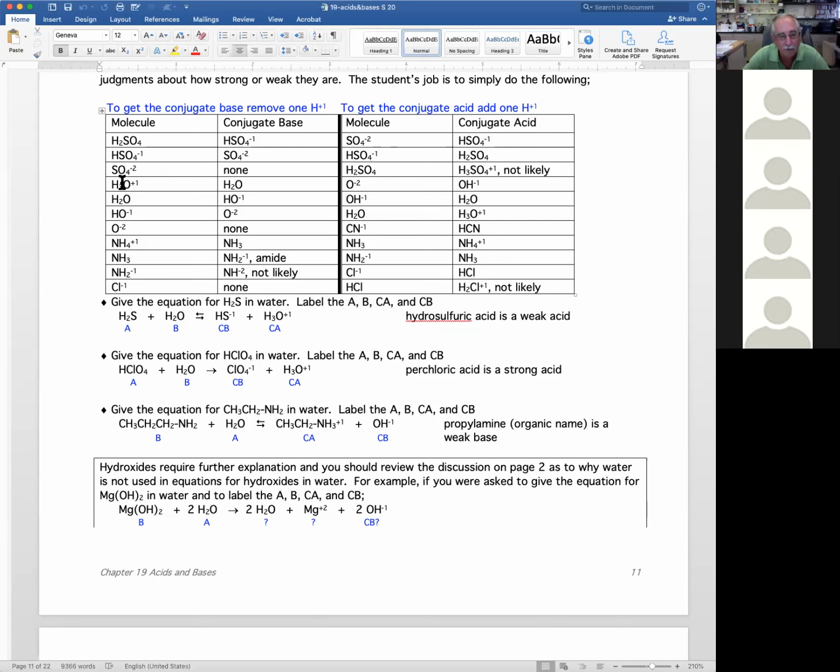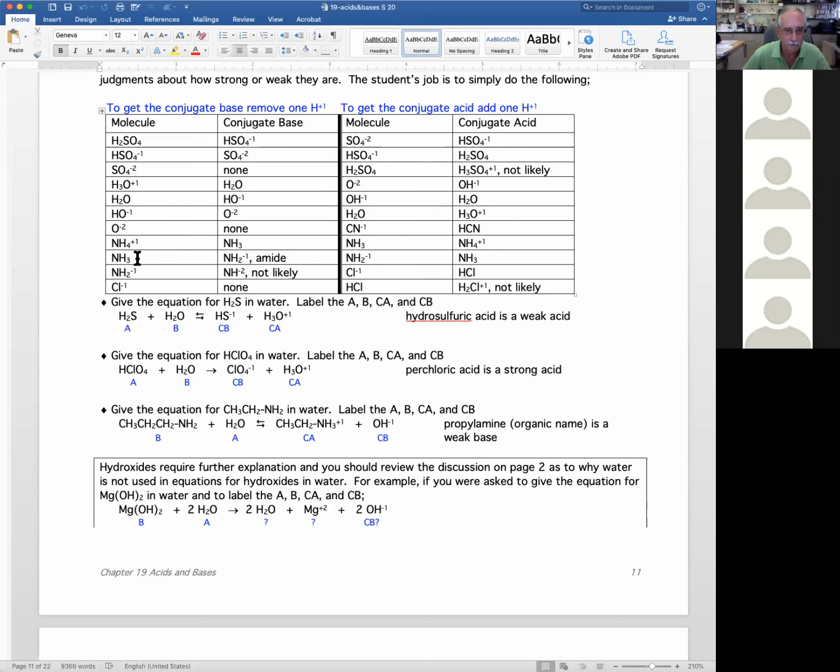You can tell them what a stupid question that is, or you can explain to them, well, there's no hydrogen to take off. Here's the hydronium ion. If you take a hydrogen off, you get the conjugate base, water. Water gives you hydroxide. Hydroxide gives you oxide, which is a strong base, by the way. But there is none for the oxide ion.